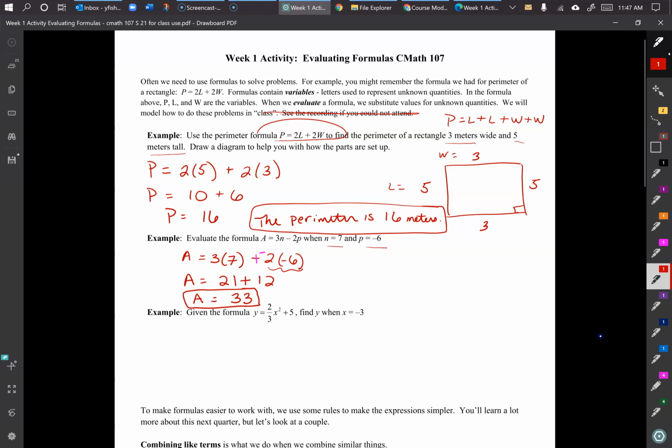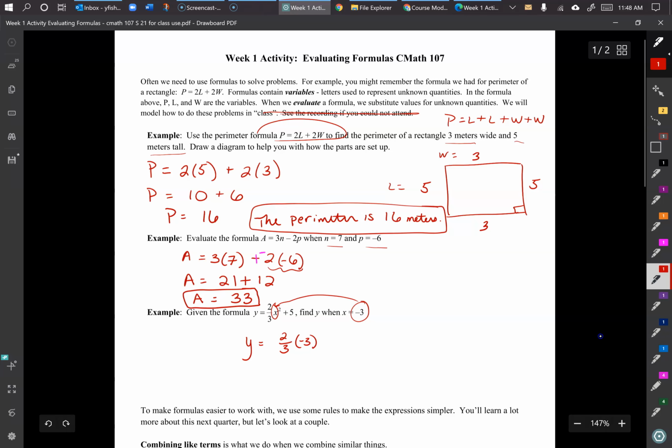For the next one, given the formula y equals 2/3 x squared plus 5, find y when x equals negative 3. So, you could try this on your own too. We're just going to take negative 3 and put it in for x. Now, do be careful when you put that in for x that you use parentheses.